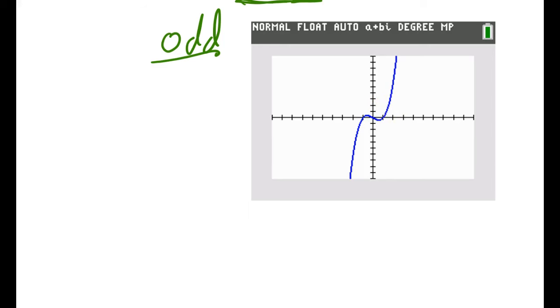Everything that's happening in the first quadrant has an exact match in the third, and everything that's happening in the second has an exact match in the fourth. So when we have that kind of symmetry, it's origin symmetry. So odd functions have origin symmetry.